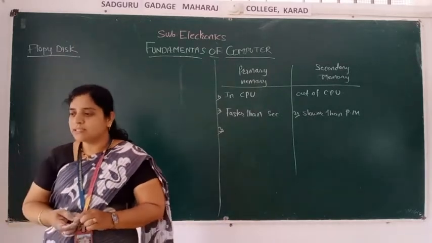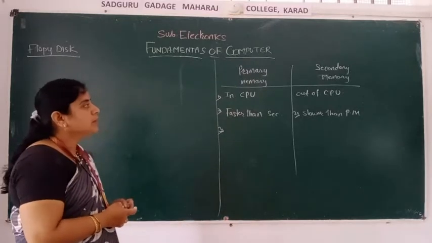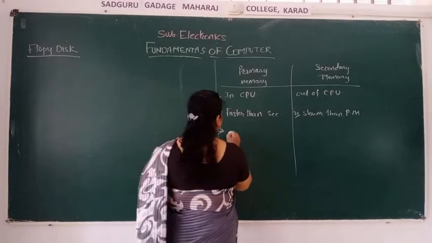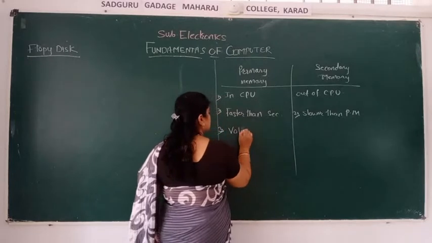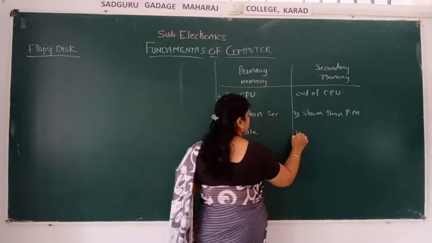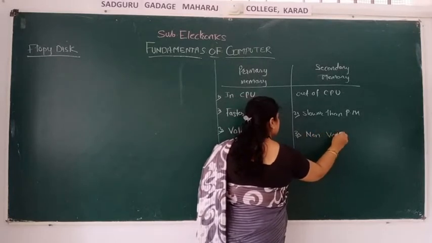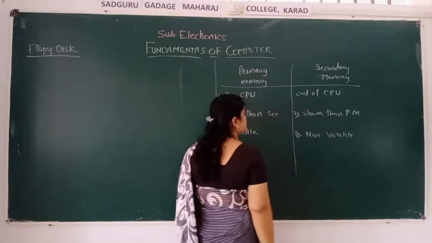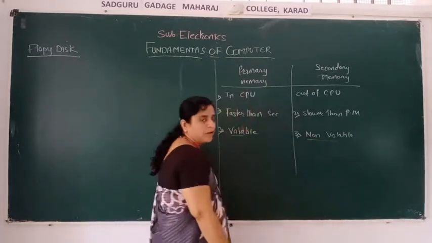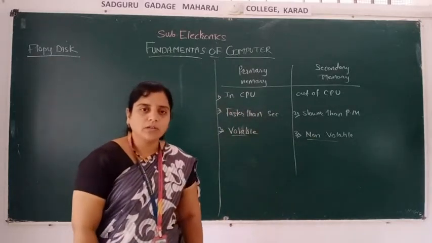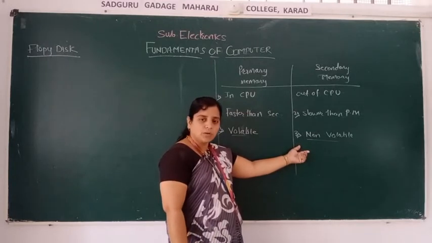Primary memory components are not essential to remove, but secondary memory components are removable. Primary memory is volatile memory and secondary memory is non-volatile memory. Volatile and non-volatile mean what? When power is off, your data will not be lost in secondary memory, so it is called non-volatile memory.